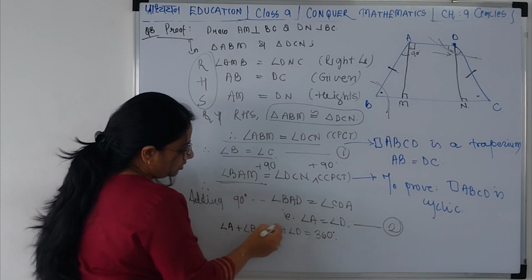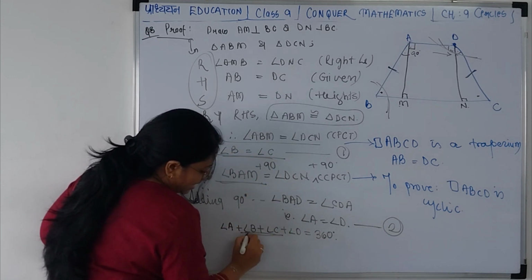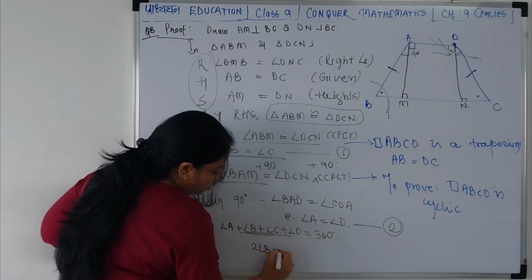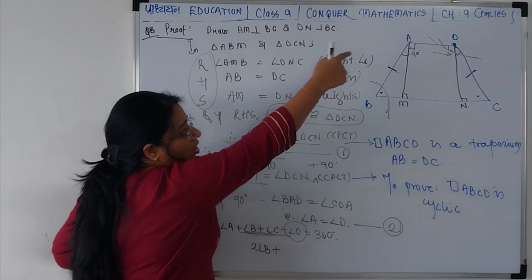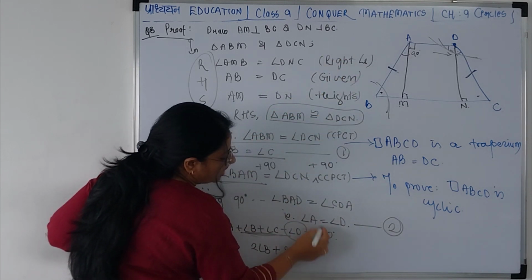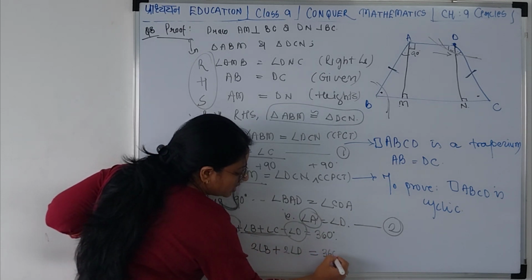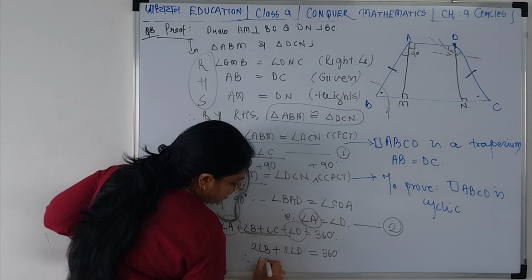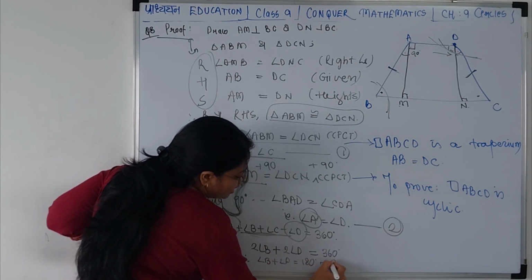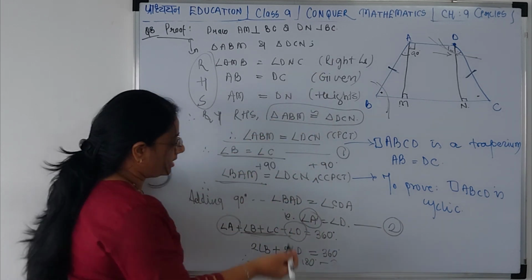B is equal to C here, so I will replace C with B. I will say कि 2 times angle B, और D हमें चाहिए opposite to B, so I will say here 2 times angle D. Why 2 times? Because angle A is equal to angle D. This gives me 360. Therefore angle B plus angle D is 180. ये हमारी एक चीज आ गई कि opposite angles एक पेयर 180 बना रहा है.